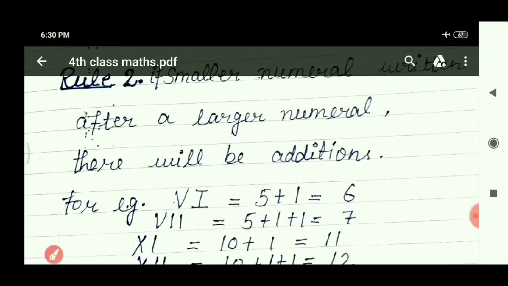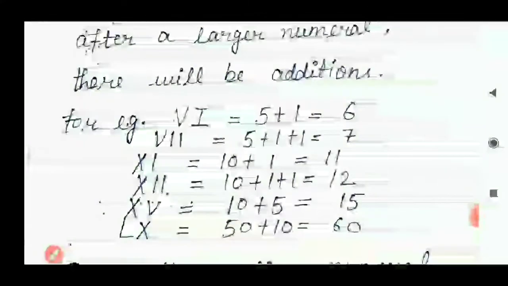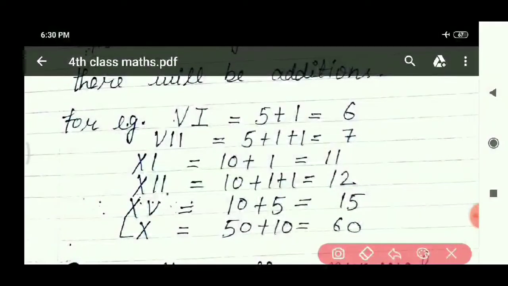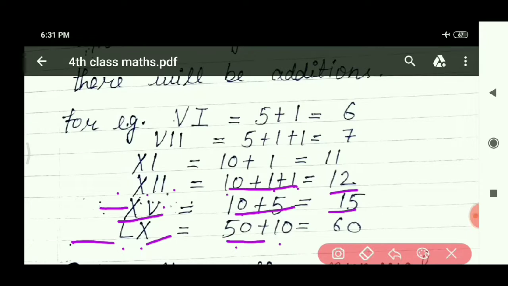Similarly, next examples are also given. XII, here is 10 plus 1, which is equal to 12. And XV, X is the larger numeral, V is smaller, then 10 plus 5 is equal to 15. So we are simply adding here. And here also L is 50, X is 10, smaller numeral after larger numeral, then addition here. Got it?